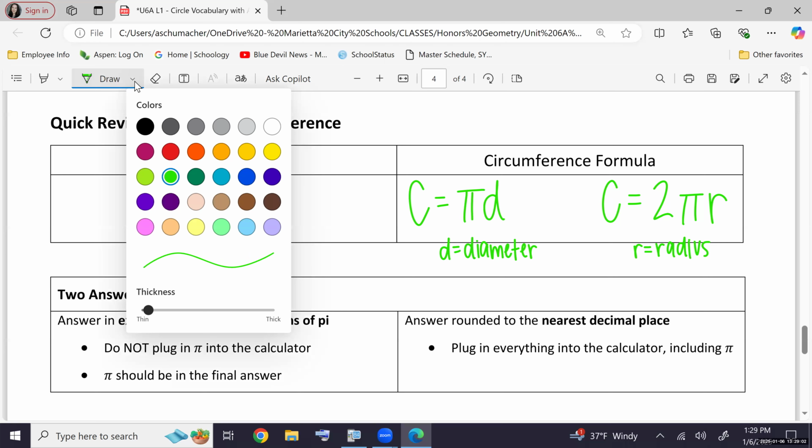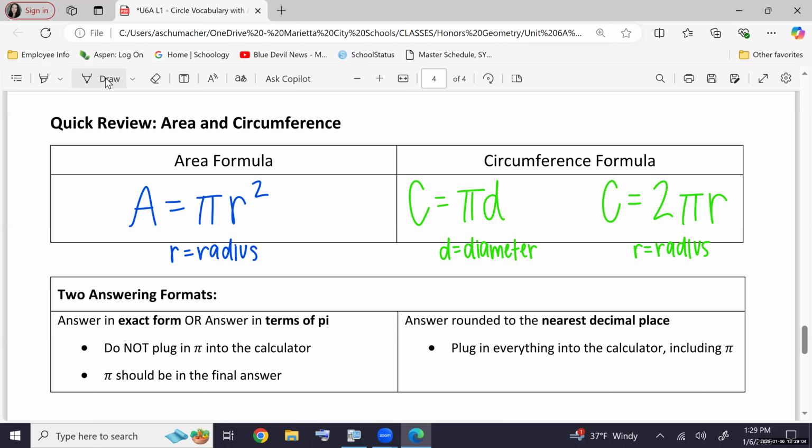Now, when you are solving these and getting an answer, there are two different formats to answer in. If it asks for exact form or says in terms of pi, both of those mean the same thing. That means you will not plug pi into the calculator, and pi should be in your final answer.